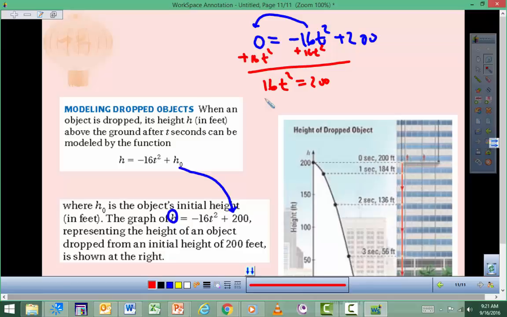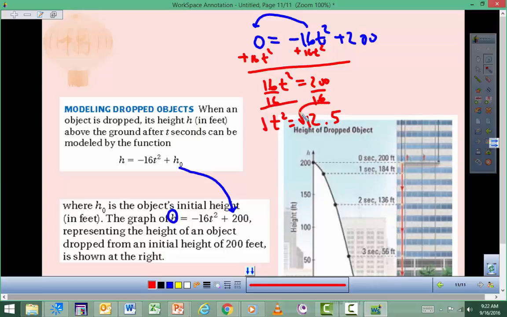And then I divide by 16 here, divide by 16 here, and sure enough I get t squared is equal to, and now I'm just going to use my calculator because I can't do those big numbers in my head. 200 divided by 16 is 12.5.